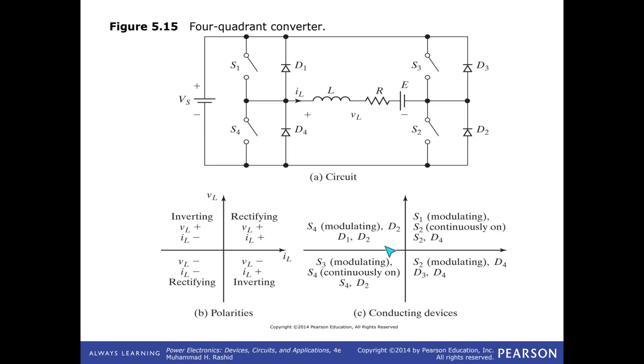Now for the second quadrant operation, S4 is going to on. So the other switches, control switches are off, S4 on. Who is going to describe what's going to happen here?